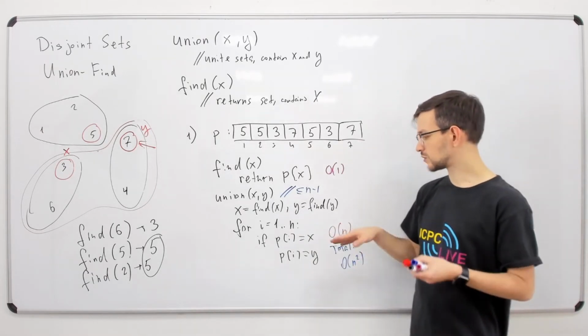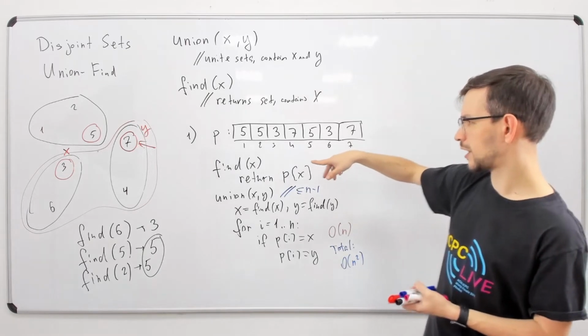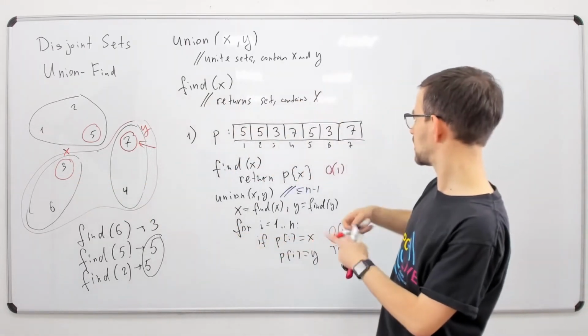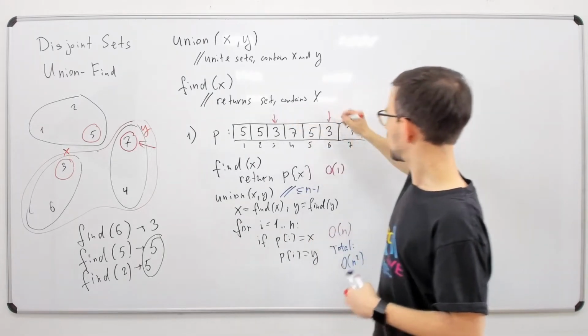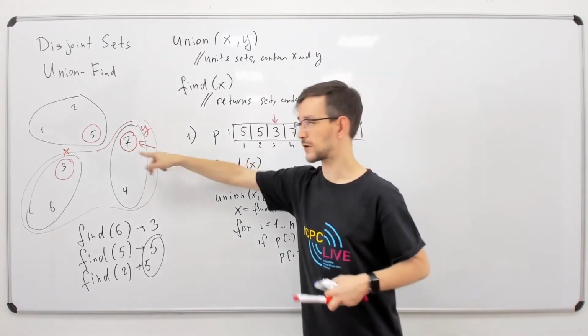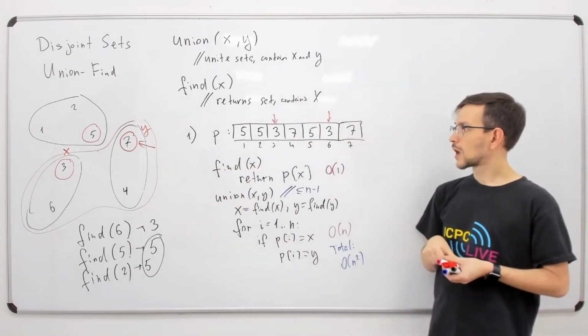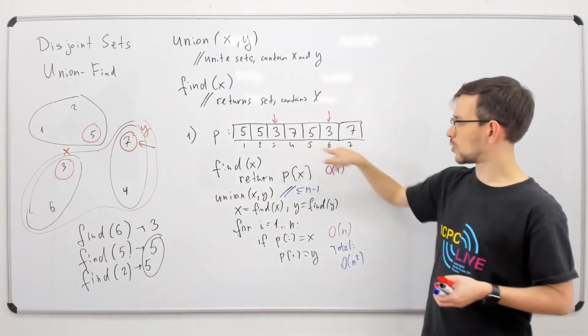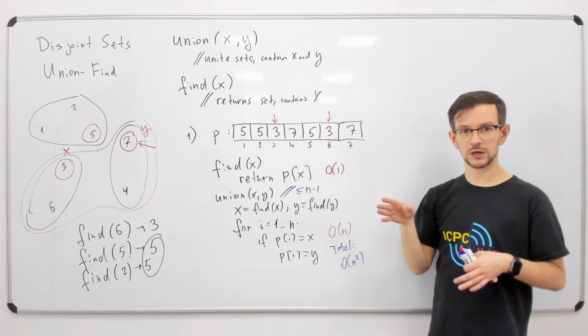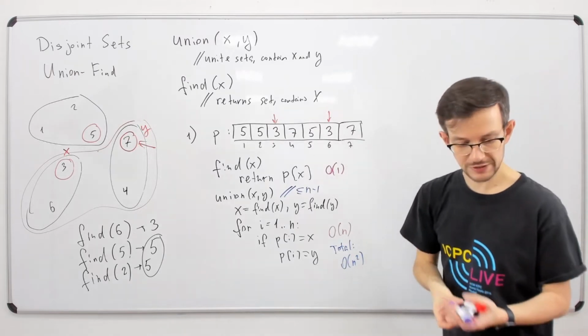In this array, we need to find elements equal to, let's say, 3. So we need to find these two elements and change these two values to 7, right? Let's try to find these two elements without scanning the whole array. So how can we do this?